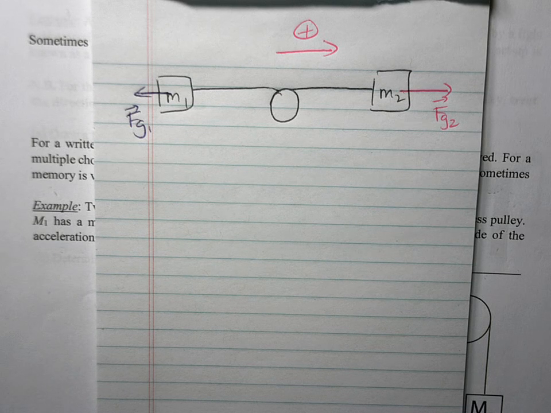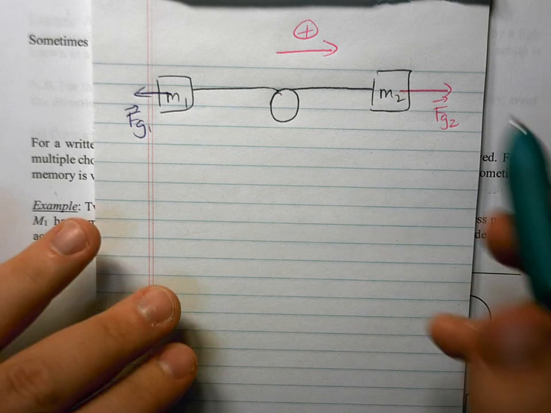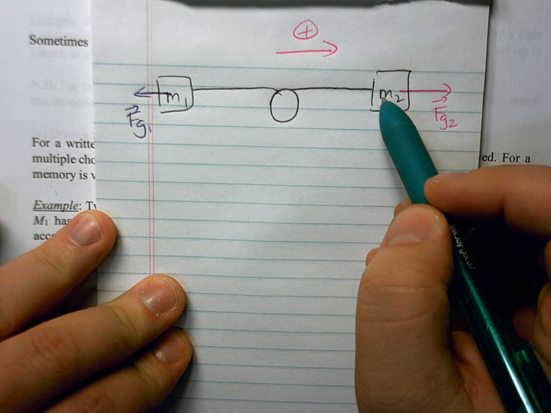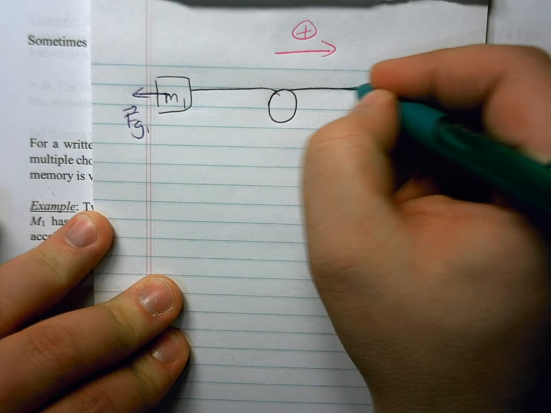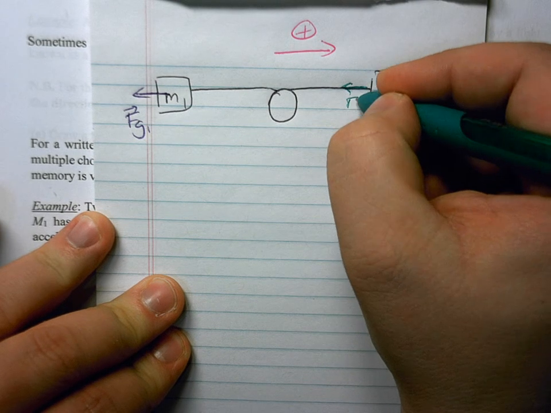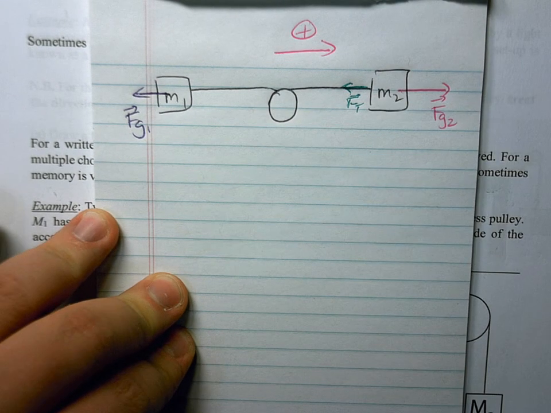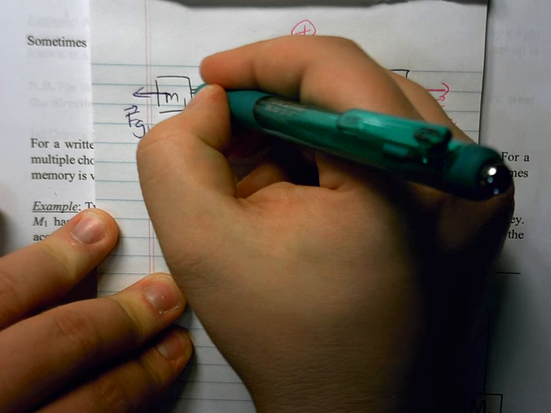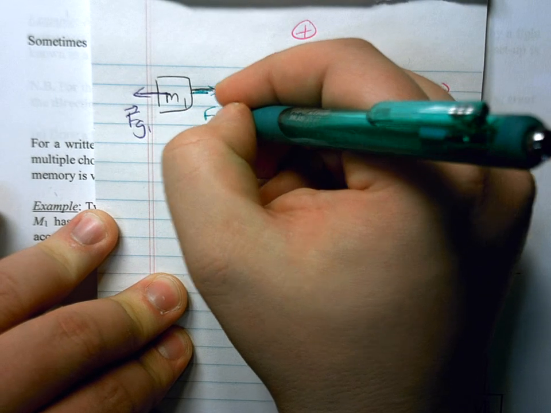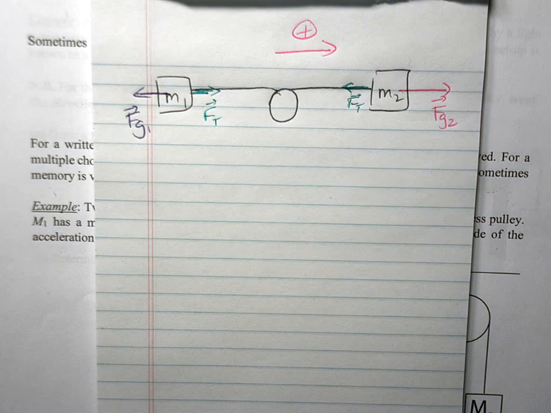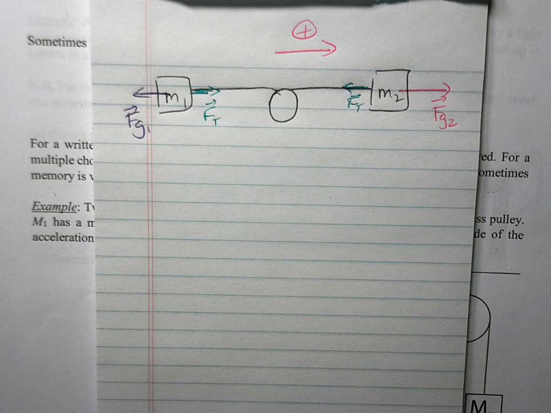Tension's always going to act away from the object. So the force of tension on block 2 is going to act away from the block. On mass 1, we're going to have this force of tension also acting away from the block. But you have to keep in mind the force of tension is constant throughout the system.